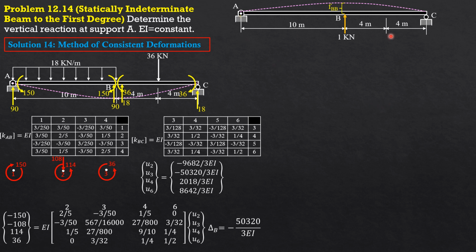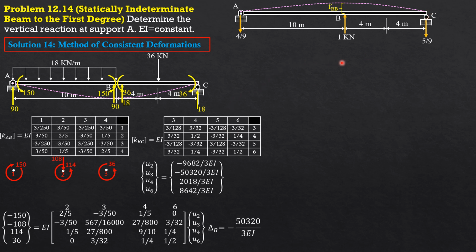So the loadings are U2, 0; U3, positive 1; U4, 0, there's no moment here at B; U6 is 0, there's no moment also here.